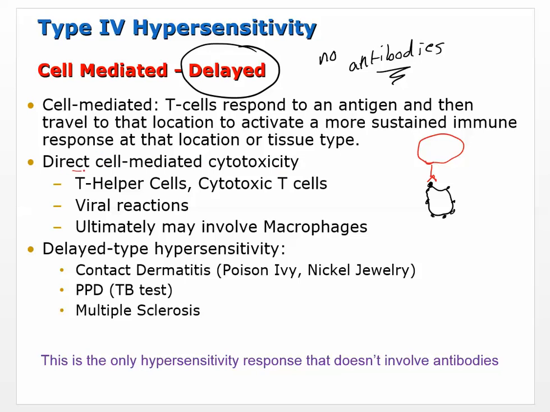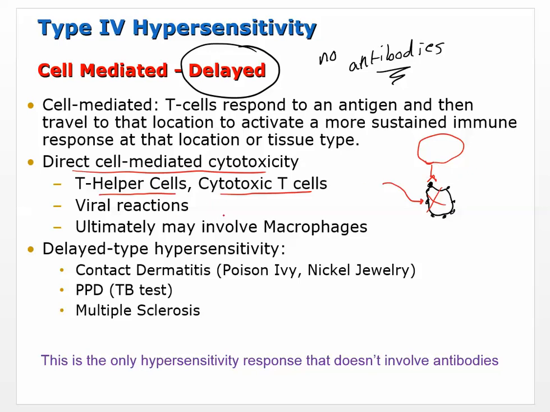They direct cell-mediated cytotoxicity, so T helper cells can send out a signal saying that something is going wrong. Cytotoxic T cells may come in, and also these may recognize it and destroy the tissue. Viral reactions may cause this to take place.